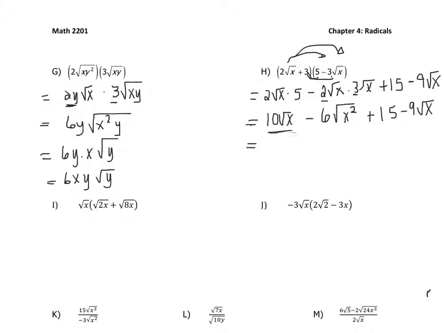So the 10 root x and the 9 minus 9 root x are like terms, so 10 minus 9 is 1 root x. And the square root of x squared can be replaced with x, and so there's nothing remaining under the root sign now. And all you have then is root x minus 6x plus 15. And there's nothing more that you can do with that.